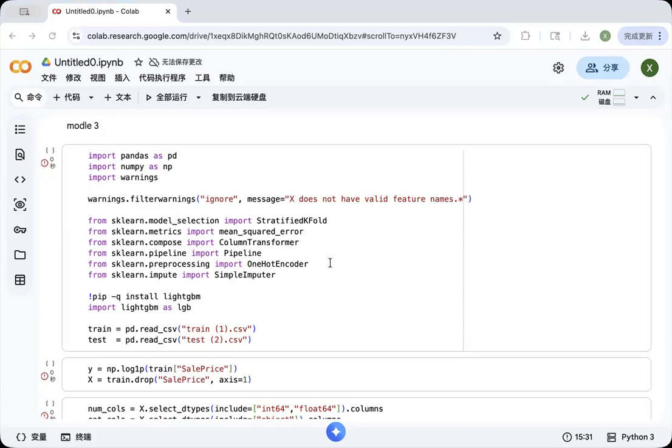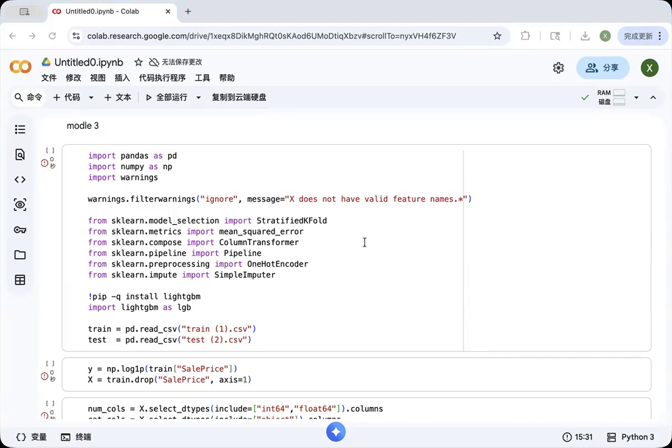Finally, we implemented model blending. We combined 80% LightGBM and 20% ridge regression. LightGBM captures nonlinear interactions effectively, while ridge regression captures linear relationships and adds regularization. By blending them, we reduce variance and balance bias.